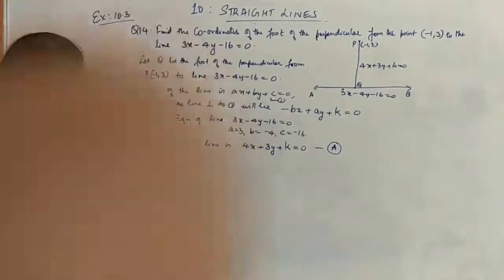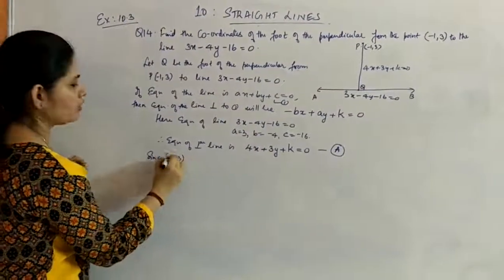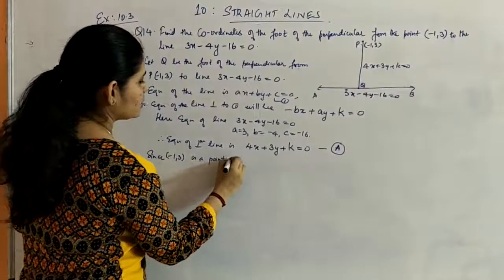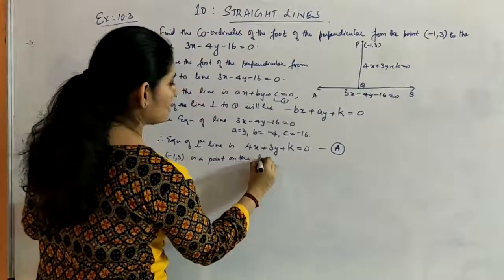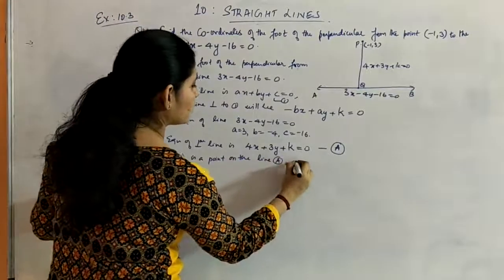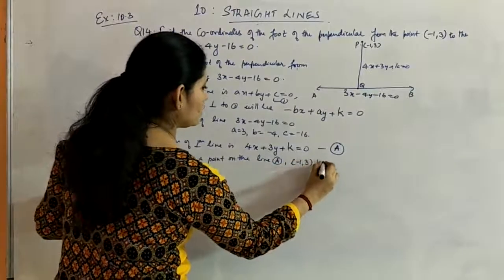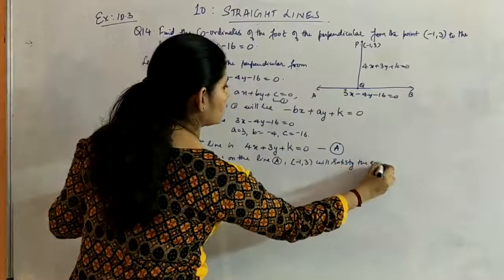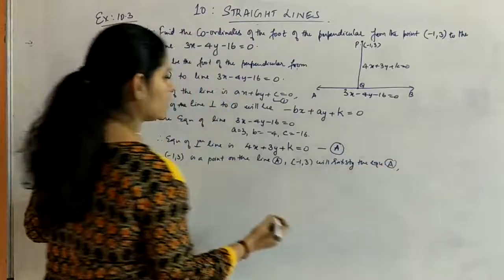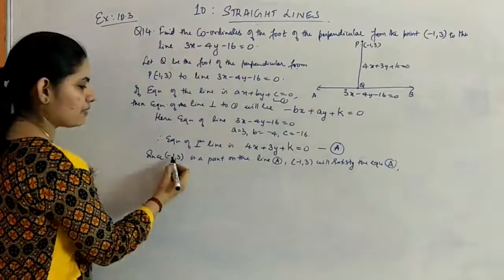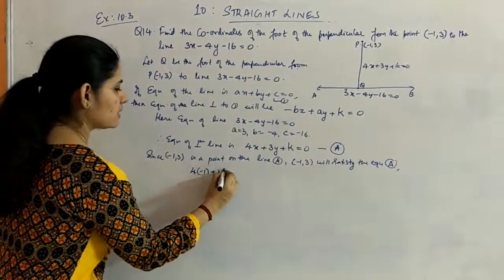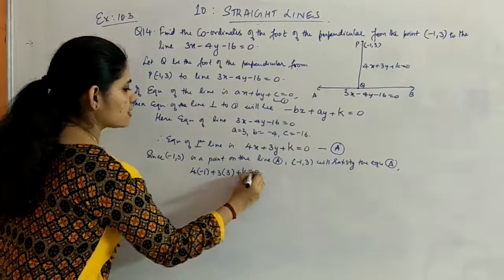Since minus 1 comma 3 is a point on the line A, minus 1 comma 3 will satisfy the equation A, right? That means you can replace x and y with minus 1 and 3 respectively. That is 4 into minus 1 plus 3 into 3 plus k is equal to 0.